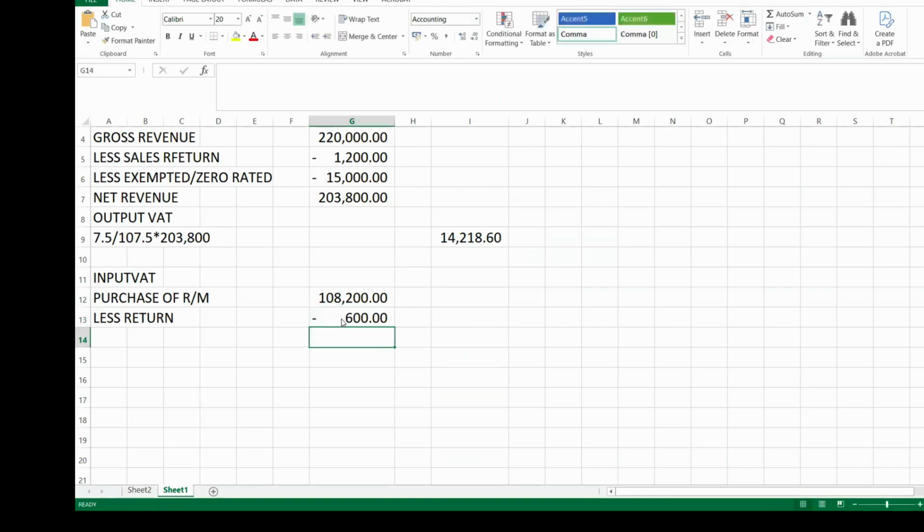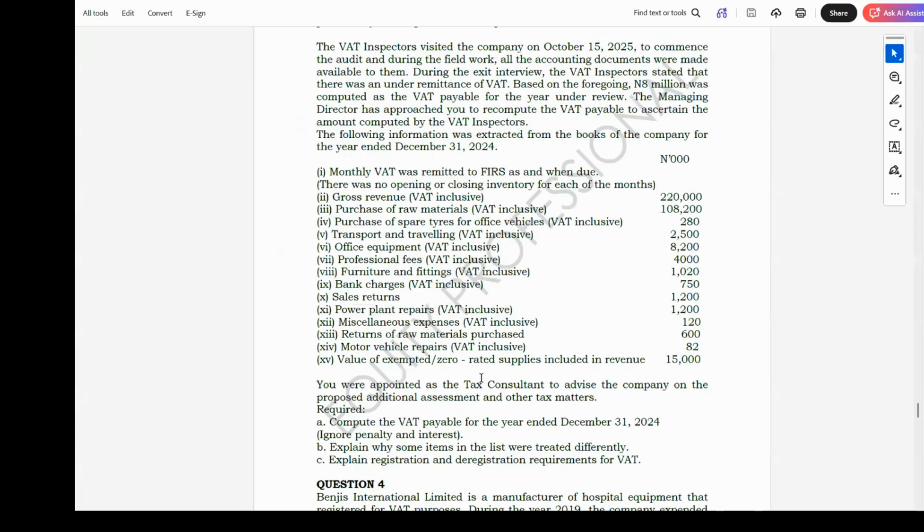Then after that, we have motor vehicle repairs. What type of expenditure is that? Indirect expenditure. It's also not going to form part of our input VAT.